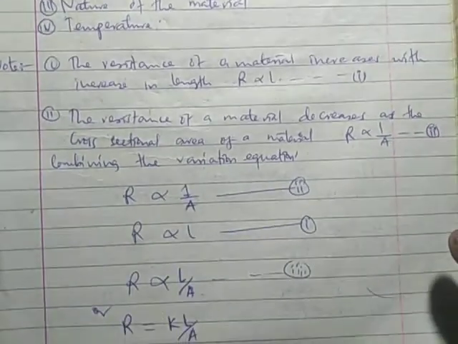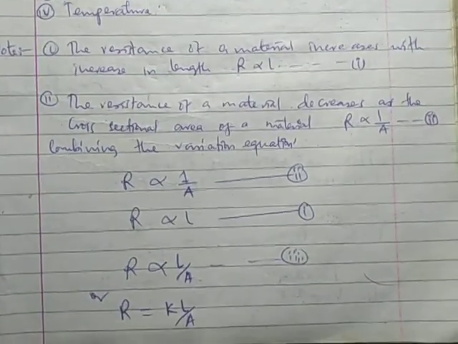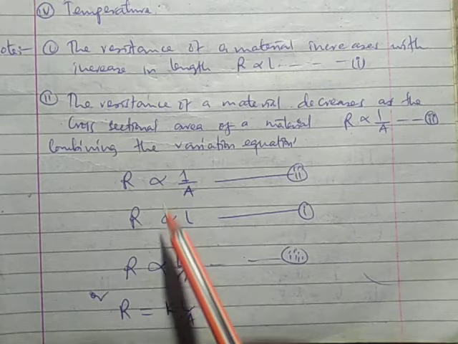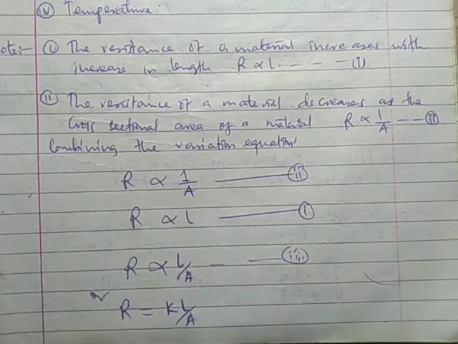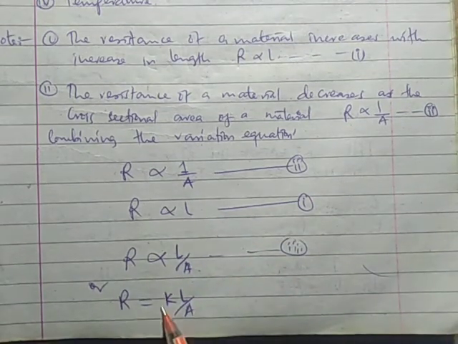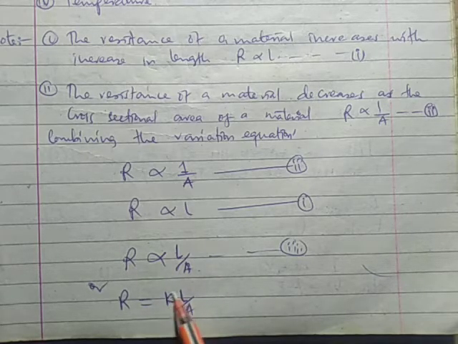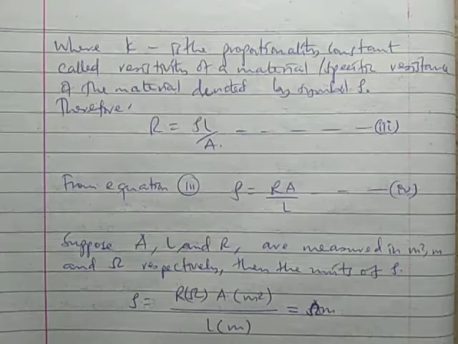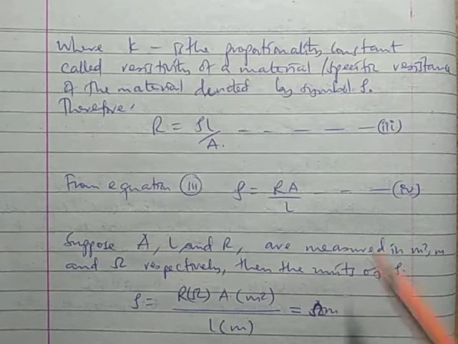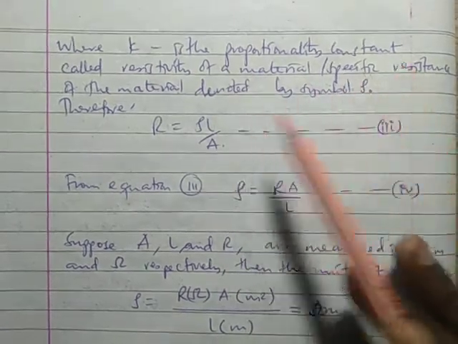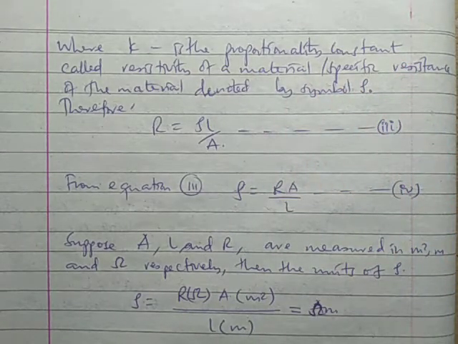So finally, resistance is inversely proportional to area and directly proportional to length. Then R equals K L over A, where K is the constant of proportionality, called the resistivity of the material.